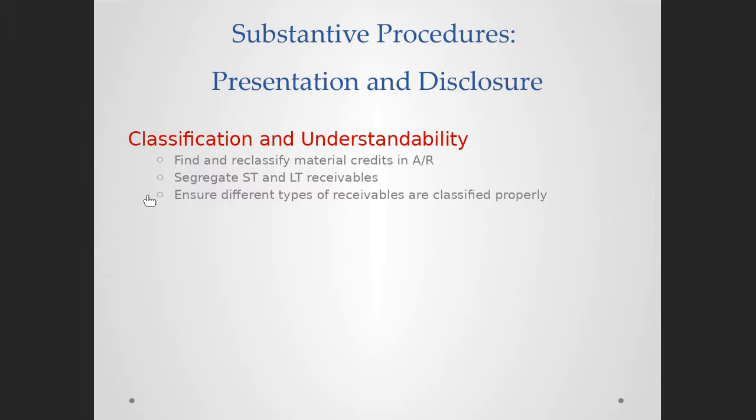They should be classified in the right account and not mixed with the accounts receivable. Those other types of receivables are usually few, and the client may not even have any. The main receivable that you're worried about in the revenue cycle is the accounts receivable. Okay, and you want to make sure that it's classified properly. Clear? Are you following? Are you with me?